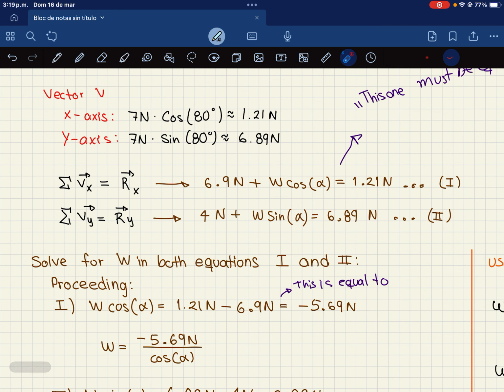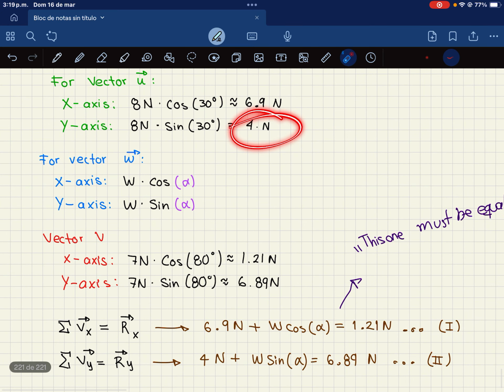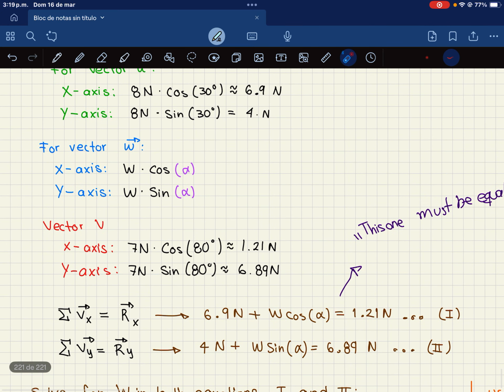Let's continue. Similarly, it is known that the sum of the individual components of each vector in the y-axis is equivalent to the y component of the resultant vector. So we have 4 newtons from here plus W times sine of alpha here.